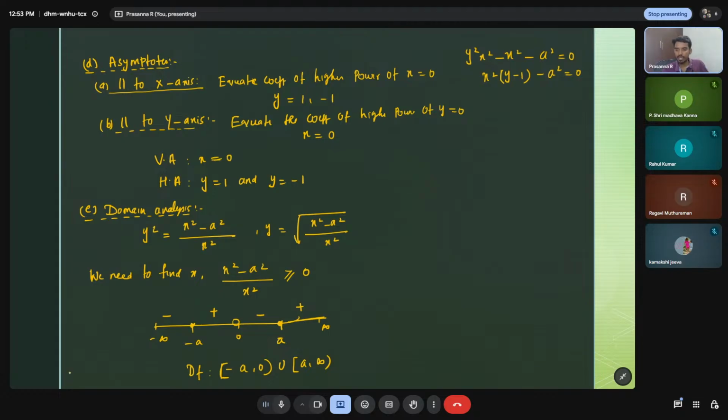Or else I will do it like this, because we don't know what a is, right? This a can be decimal also, a can be fractional, anything.